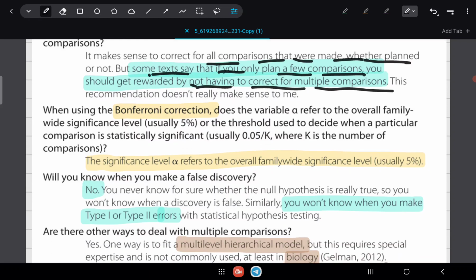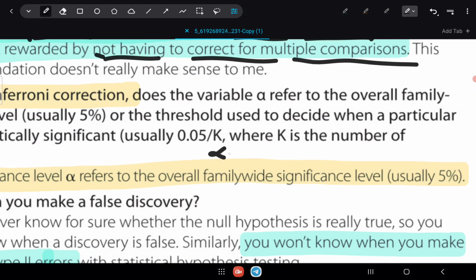When using a Bonferroni correction, does the variable alpha refer to the overall family wise significance level or the threshold used to decide whether a particular comparison is statistically significant? When you are talking about Bonferroni correction, the significance level is basically the same as FWER, which you usually control at 5%. So the terminology remains the same.